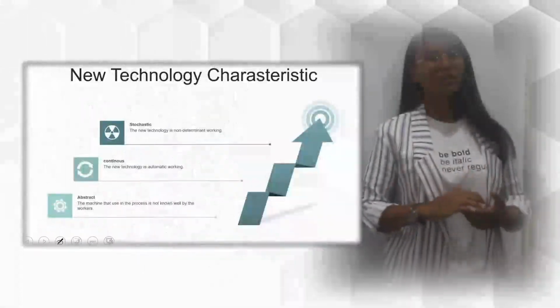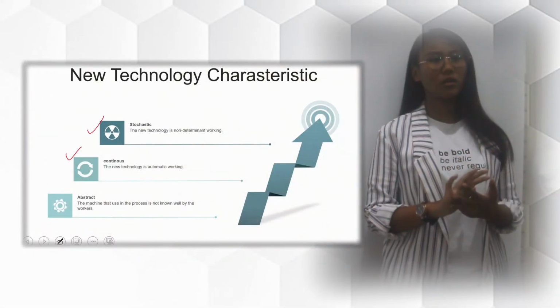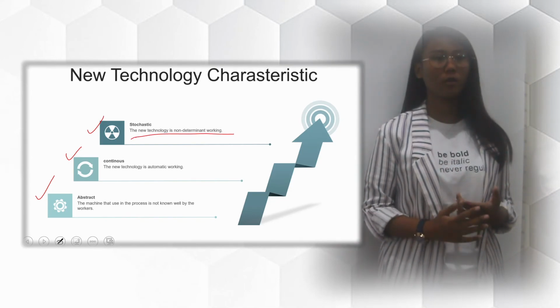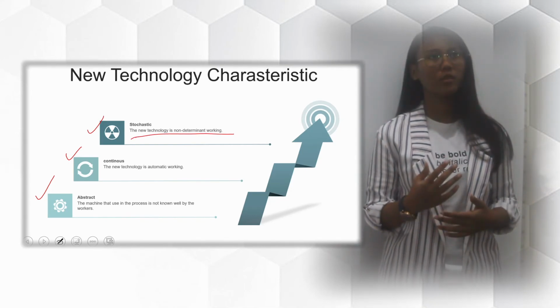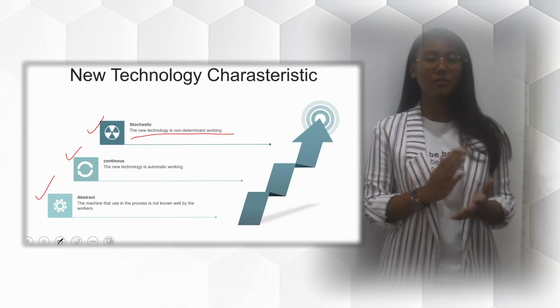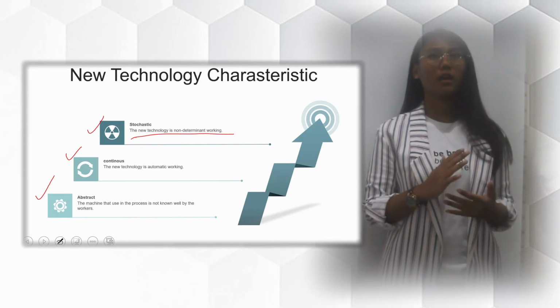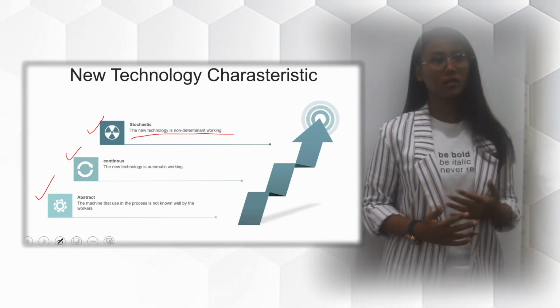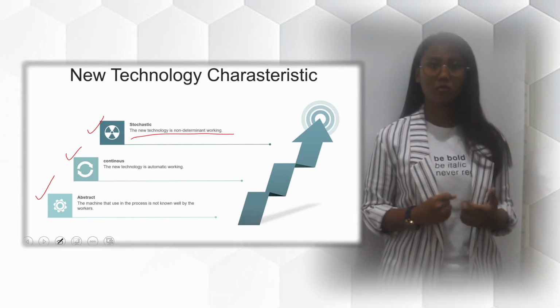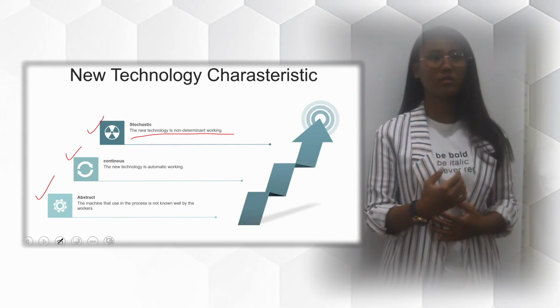New technology characteristics. There are three characteristics. The first one is stochastic, the second one is continuous, the third one is abstract. Stochastic means the new technology works non-deterministically. Because it uses a lot of computerized systems, if there is something wrong or a problem, the worker cannot anticipate it because they don't know what to do, since they don't really understand the computerized system.